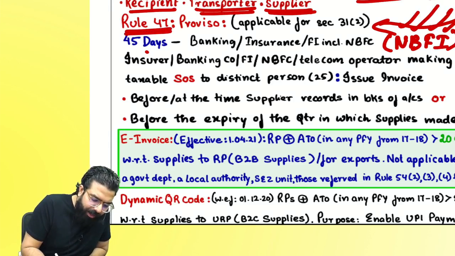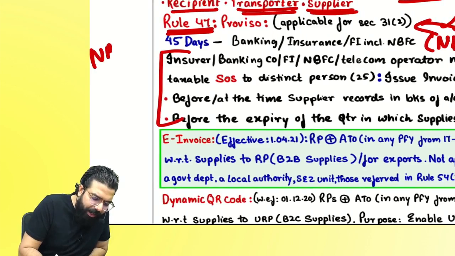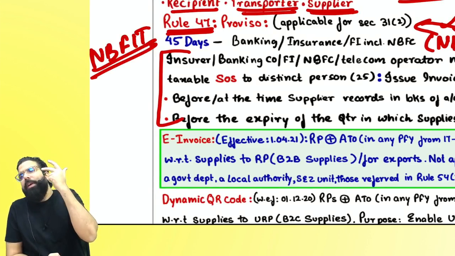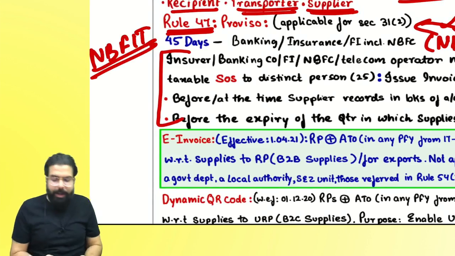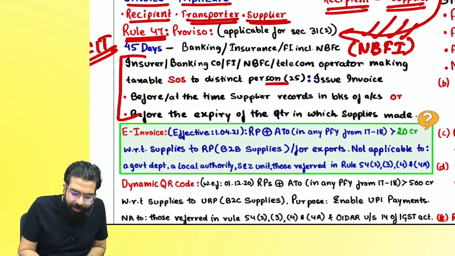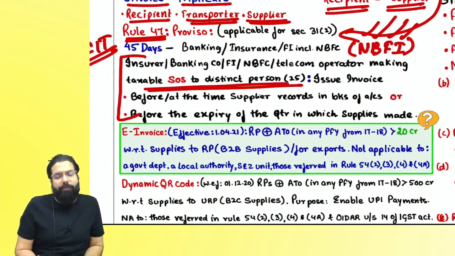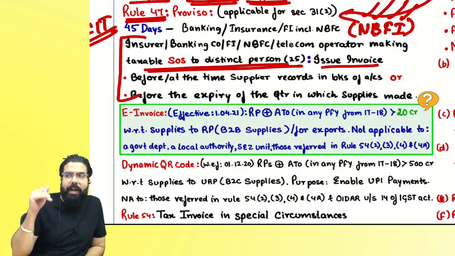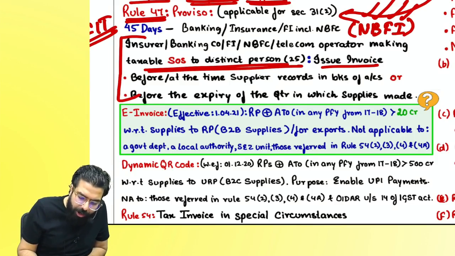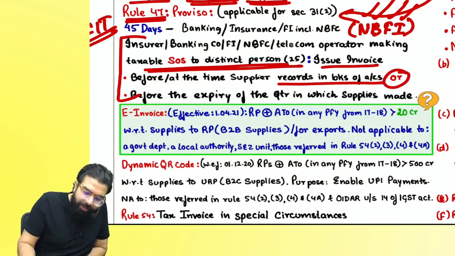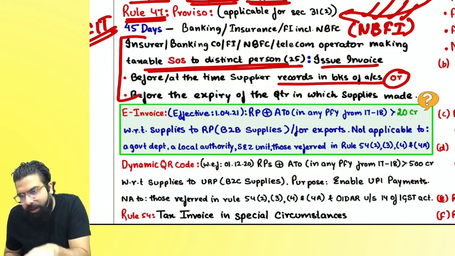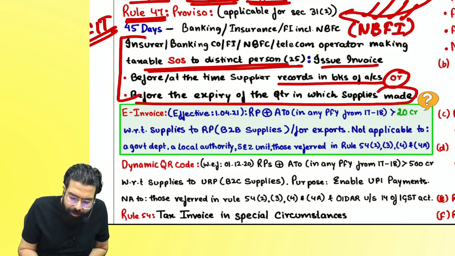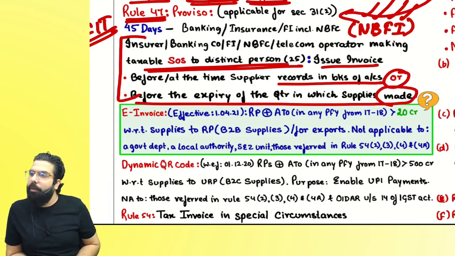In rule number 47, it is also told that if there is NBFIT, now NBFC, banking company, financial institution, insurance company and telecom company, and they are doing supply of service to their distinct person under section number 25, then they should raise the invoice when the supplier records it in the books of accounts, or before the expiry of the quarter in which the supply is made, whichever is earlier.